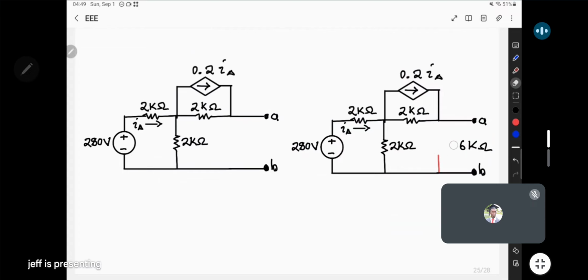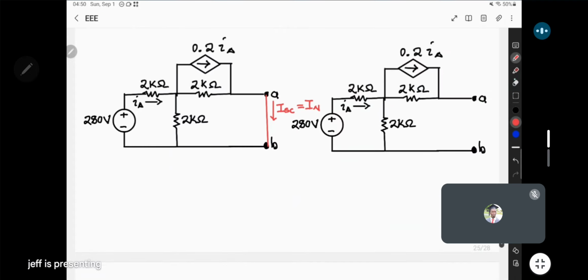So here also remove the load resistor. Now what happens here is, you have to short. If you short the load resistor, so you know the load was connected there, basically between A and B, if you short these two points and you try to find the current passing through the short, what you're going for is the I short circuit, the short circuit current. This short circuit current is actually equal to I Norton.